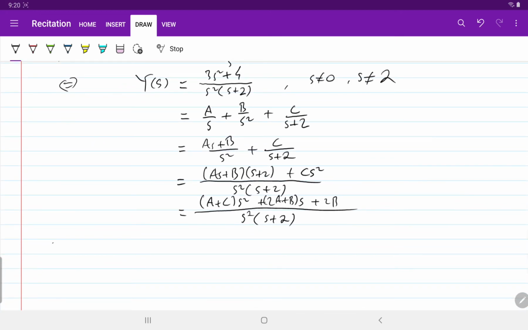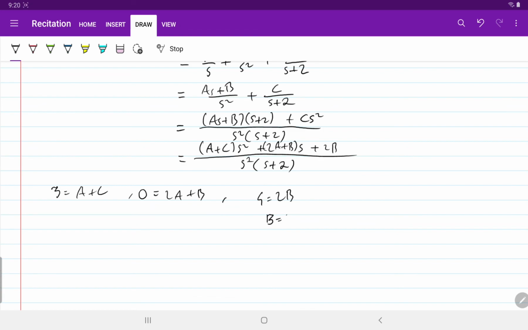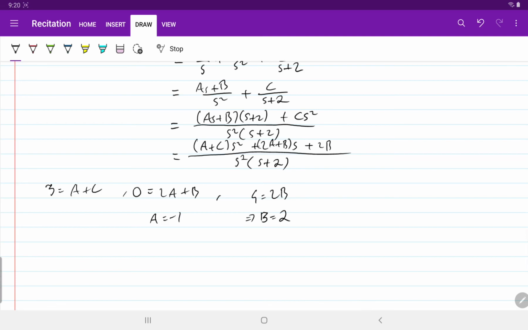We have 3 equals a plus c, 0 equals 2a plus b, and 4 equals 2b. From here we get b is 2, and then a is minus 1, and then c is 4. So Y of s is minus 1 over s plus 2 over s squared plus 4 over s plus 2.